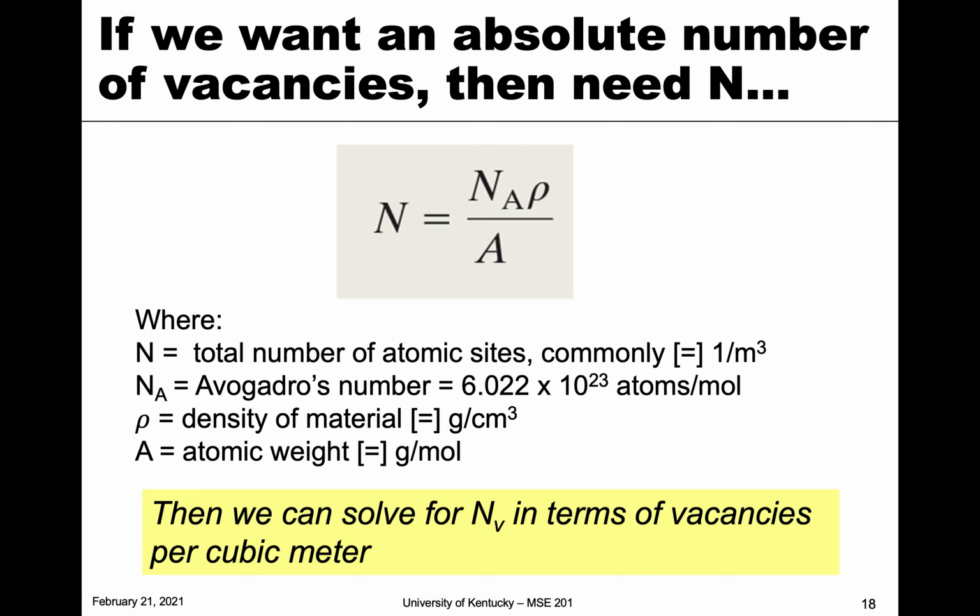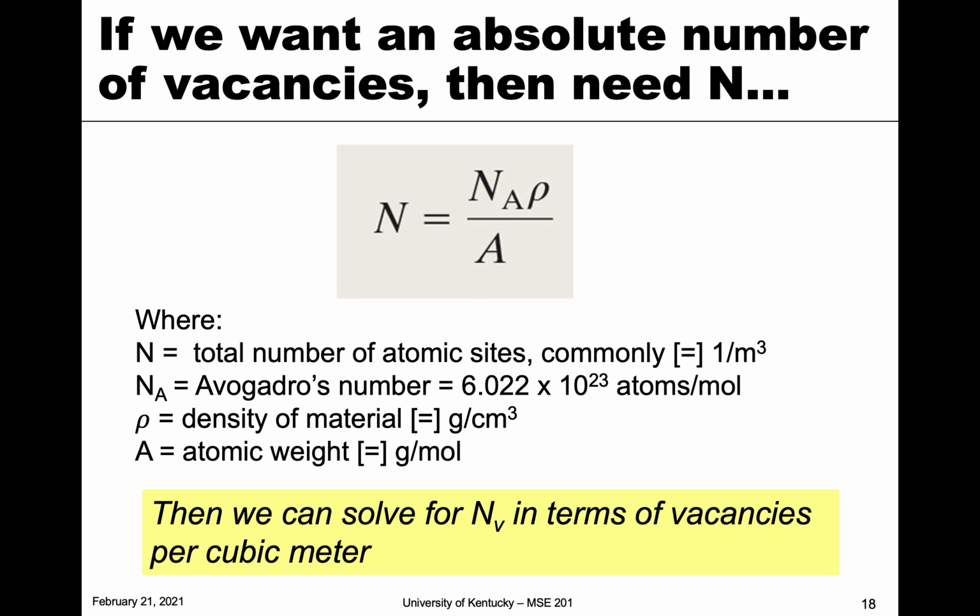All right. In this case, we talked about the number of vacancies per volume. Sometimes you want the absolute number of vacancies, not the volume weighted version. And so we can actually solve for that in terms of this equation here.